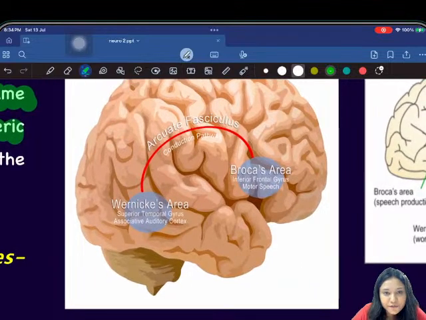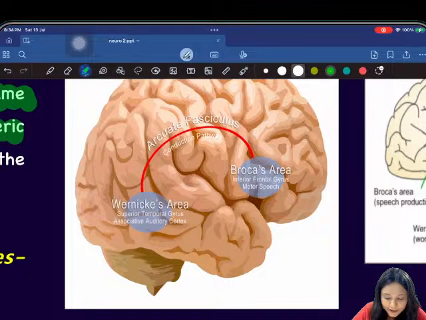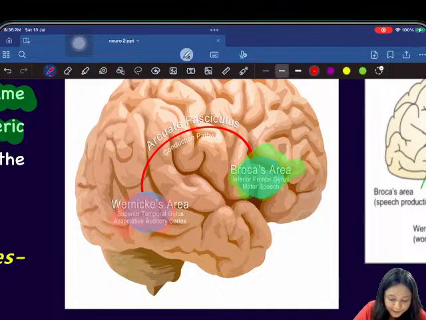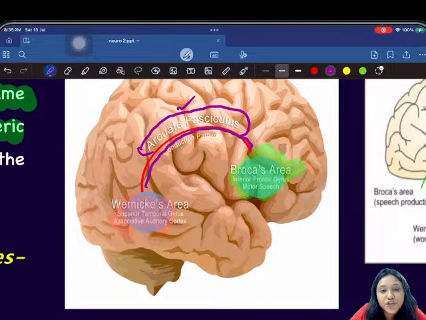Okay, conduction aphasia. In conduction aphasia, your arcuate fasciculus is mostly gone. So the Broca's area and the Wernicke's area are connected by this arcuate fasciculus, and the arcuate fasciculus is an association fiber.